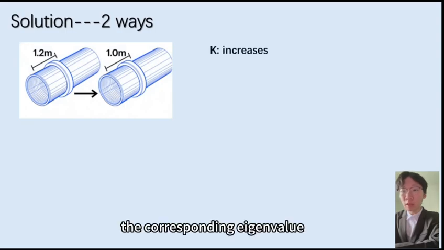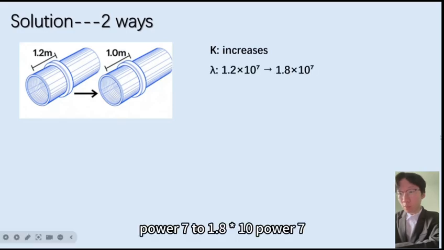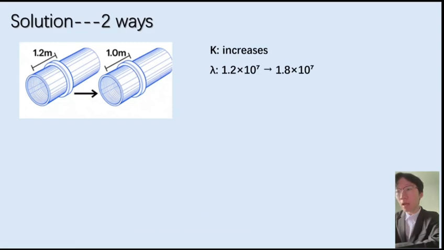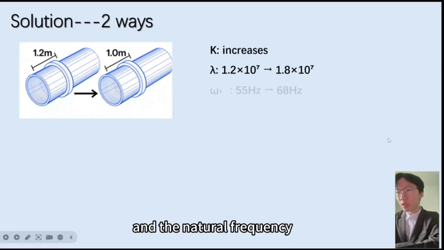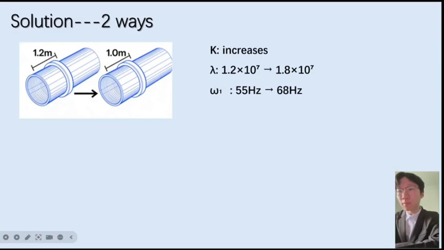The corresponding eigenvalue lambda will rise from 1.2 times 10 to the power 7 to 1.8 times 10 to the power 7. And the natural frequency omega-1 will also increase from 55 to 68.